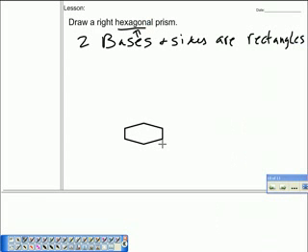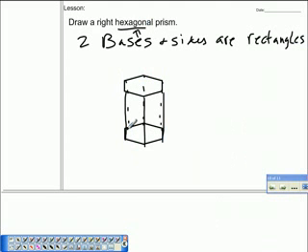There's my hexagon. Do it like that. That's a right hexagonal prism. Okay? Actually, it might have been a little better if I offset. Well, I can't offset it, otherwise it won't be a right one. All right. So you're going to have to identify parts, draw, or if you're given the shape, you'll have to tell what it is.